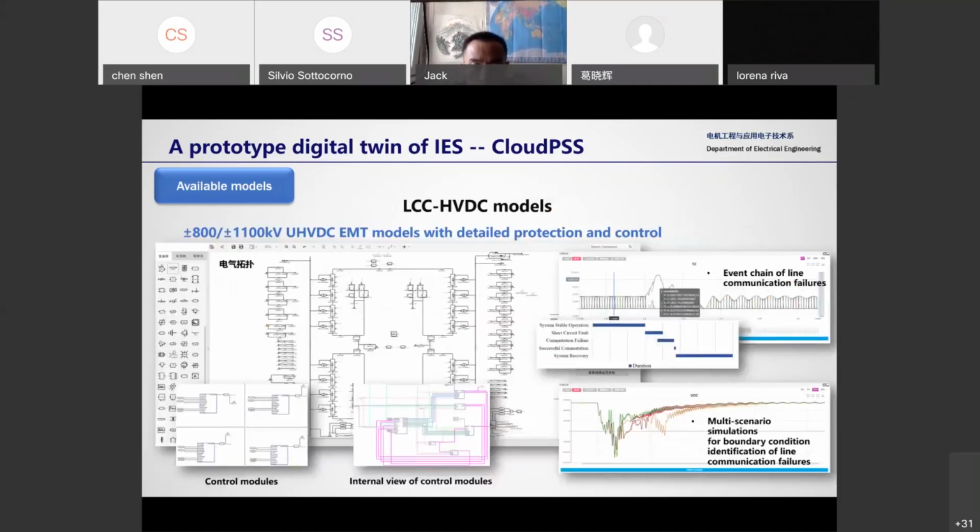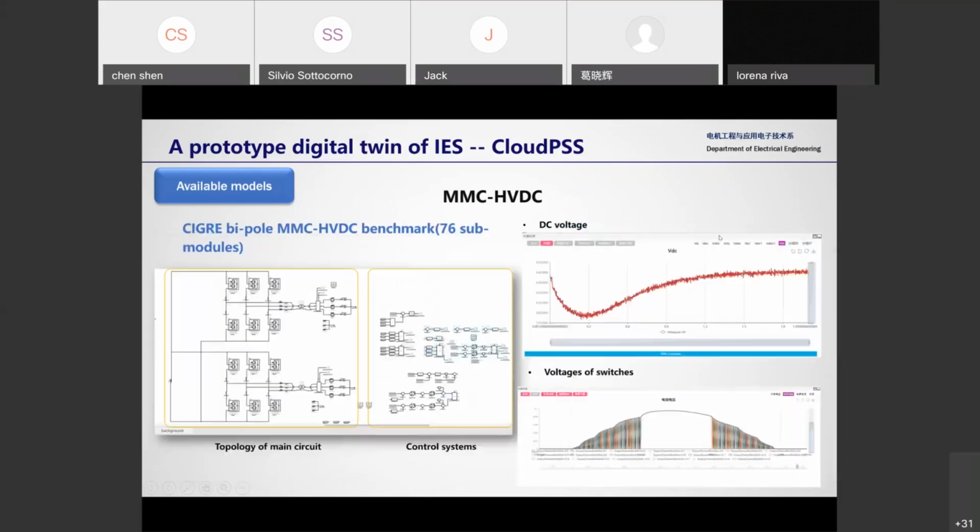And this is the plus minus 800 and 1100 kV UHVDC EMT models with detailed protection and control. This is the model for the CIGRE 5-pole MMC HVDC benchmark with 76 sub-modules.